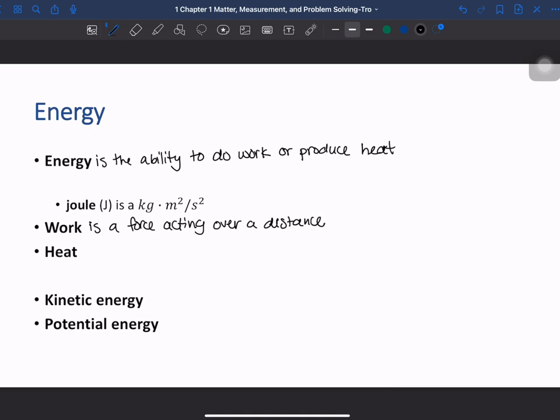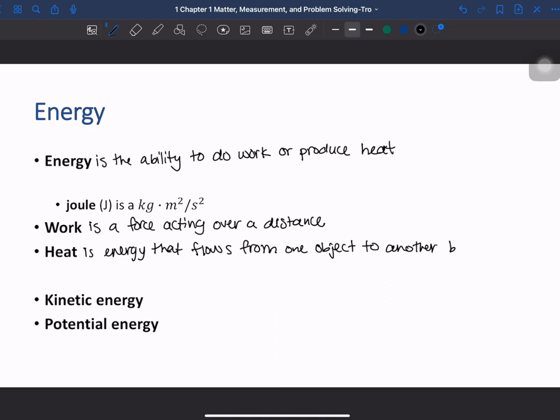Now, heat is energy that flows from one object or substance to another.